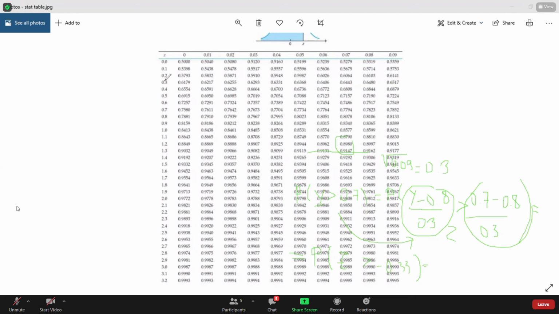We just search for 0.3 here on the left side of our table, and then for 0.03, which is the number 6293. Is it 0.3707? Yes, exactly, 0.3707. Now we're going back to the presentation.